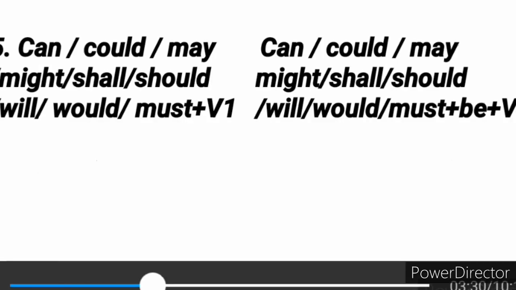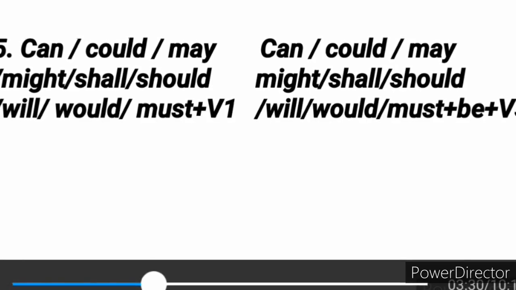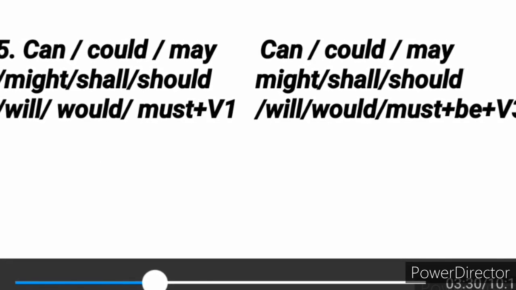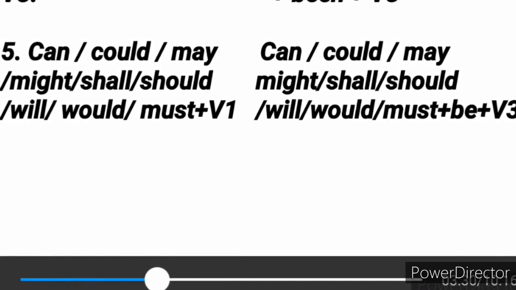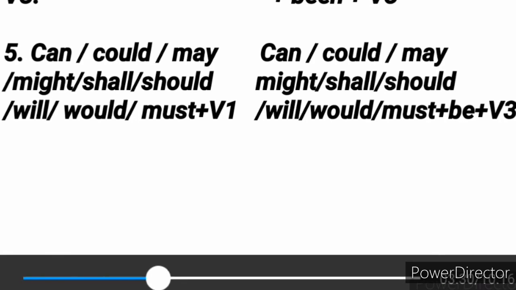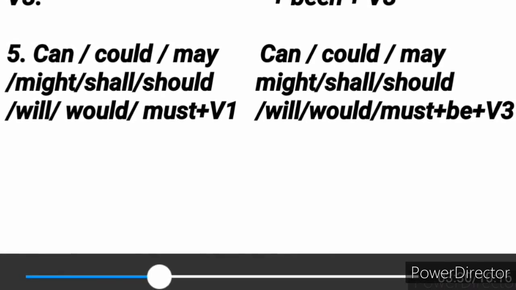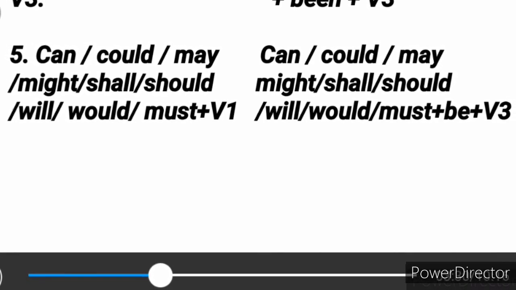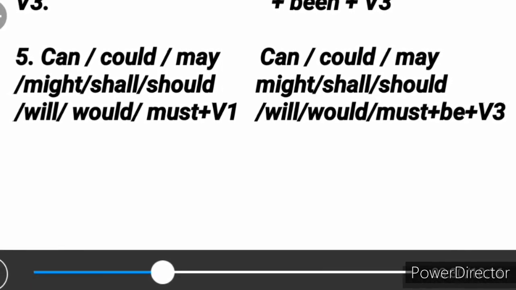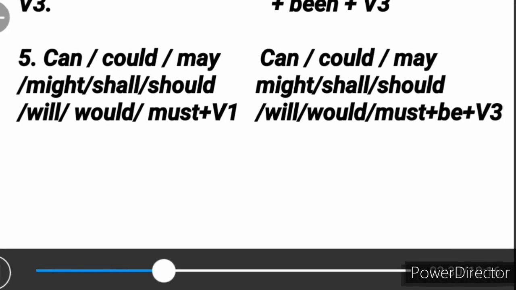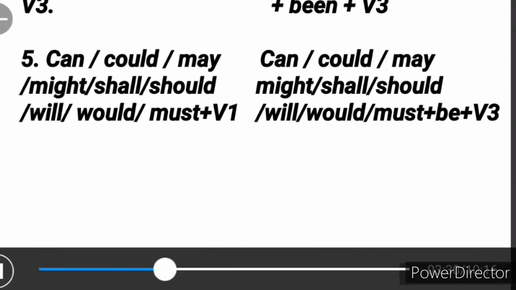The final way for modals, okay, you know, can or could, may or might, whatever the modals you can add in the passive form, be, okay. So, if it is can or could or may or might or shall or should or will or would or must plus be plus V3.